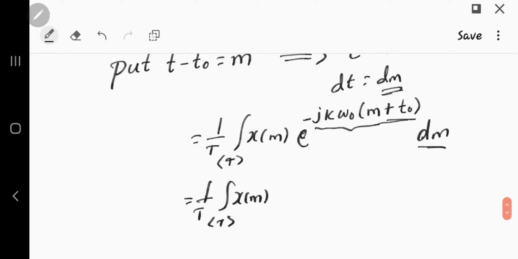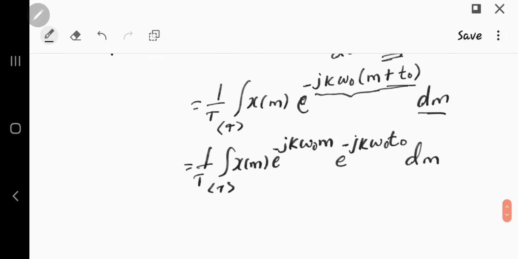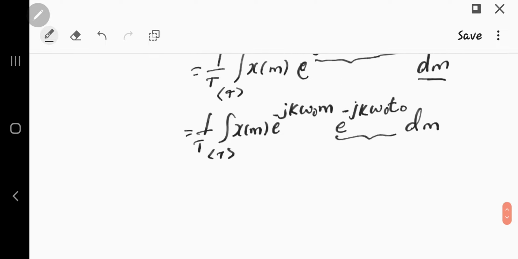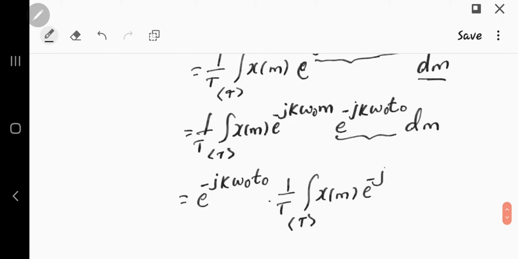X of m e power minus j k omega naught m e power minus j k omega naught t naught dm. Now this term will become constant. So we'll take that outside, e power minus j k omega naught t naught into 1 by t integral of x of m e power minus j k omega naught m dm.